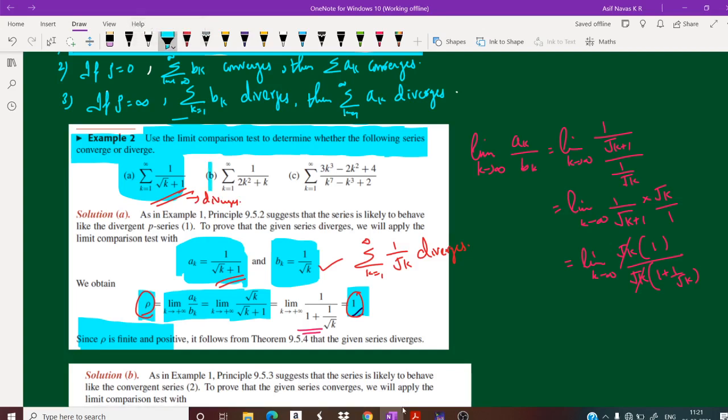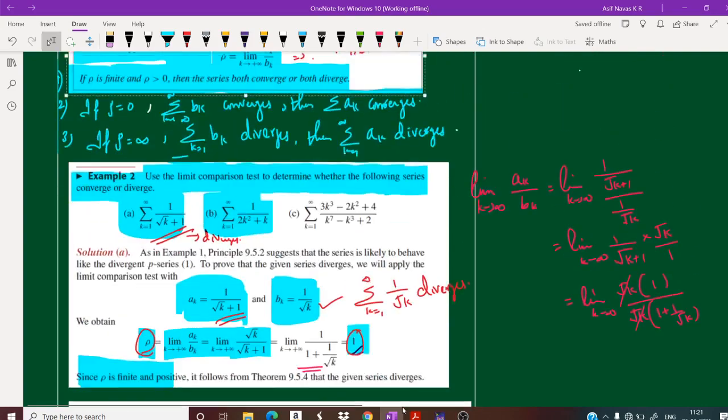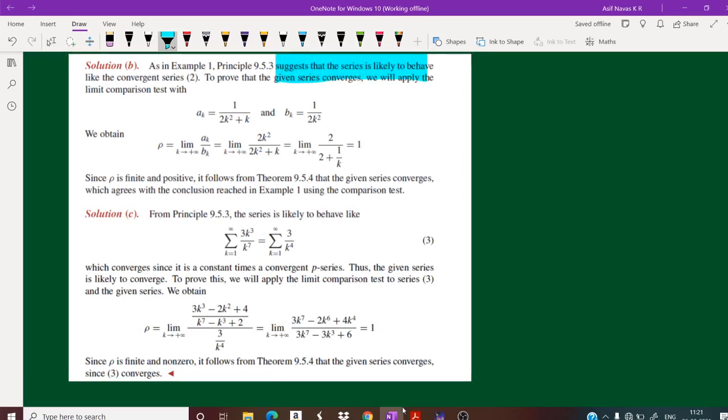Now we can do this for sigma k equal to 1 to infinity 1 by 2k square plus k. Here it is likely to behave like a convergent series. To prove that the given series converges, we will apply the limit comparison test.